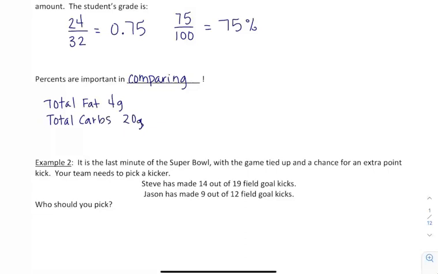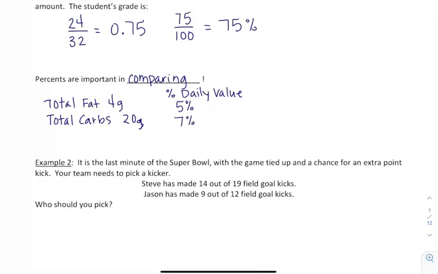Well, if you look at the percent daily value listed on the nutrition facts on the box, it'll give you a percent of how that represents your daily value. So 4 grams of fat represents 5% of how many fat grams you should have in a day, whereas those 20 grams represent 7% of what you should have in a day.